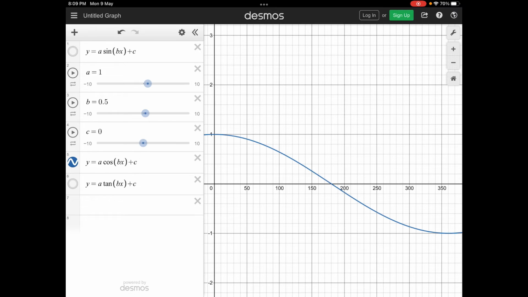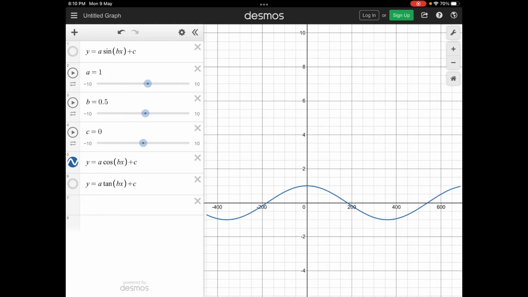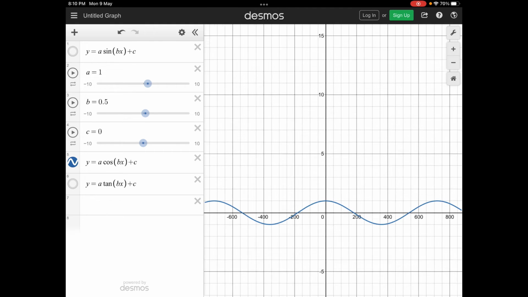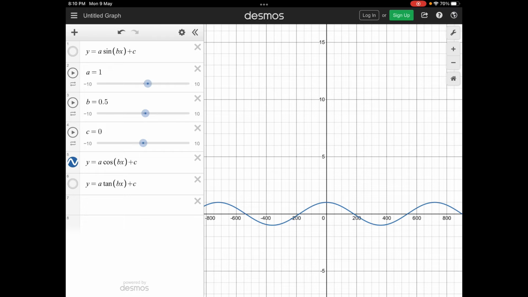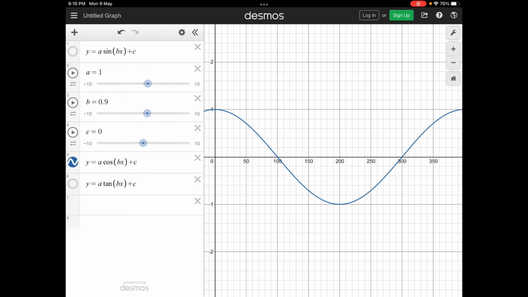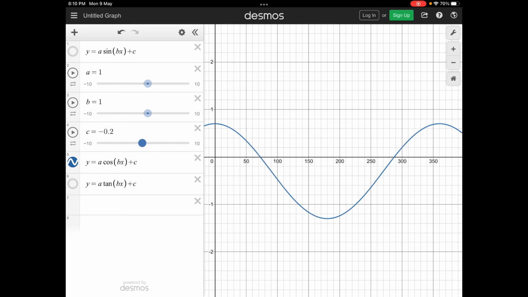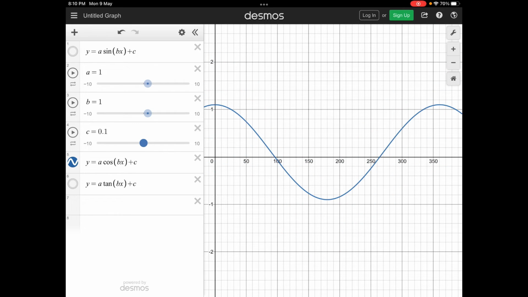This tells us that it will take 720 degrees for us to get a full copy of the sine or the cosine graph in this case. All right, let's move that back to 1. And once again, like before, the C is just going to be a vertical shift up or down depending on the value of C.